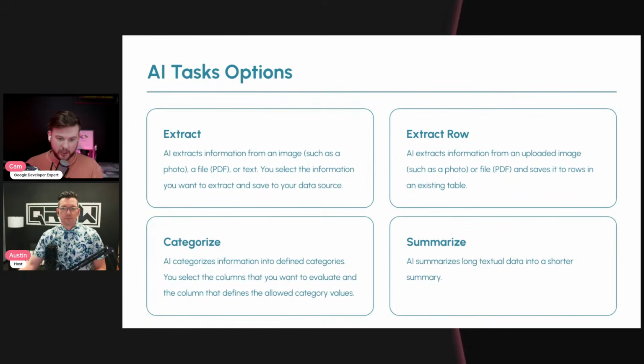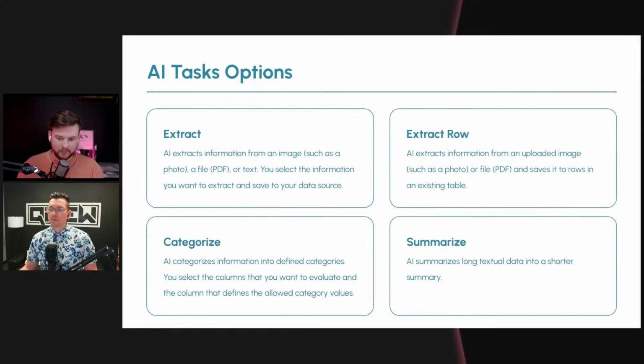Last week, we had a webinar covering the extract and extract rows. Essentially, within AppSheet, there's bots. These bots are automations that are triggered by an event, whether that's a data change or an email being sent in, or whatever you would want to trigger an automation.